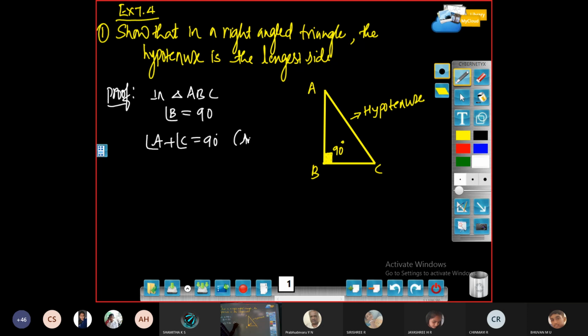You can use the angles property here. So since B itself measures 90 degree, the remaining two angles must measure 90 degree in total. You can use here angles property.